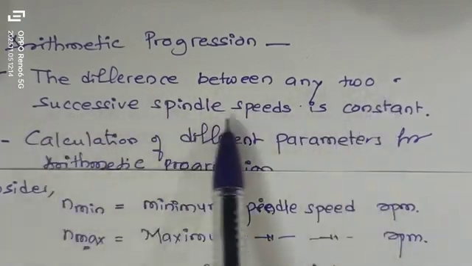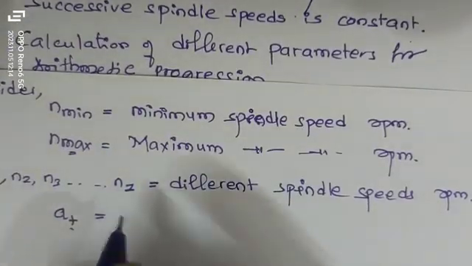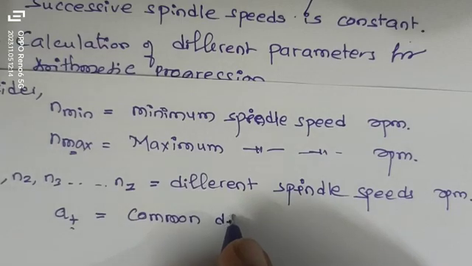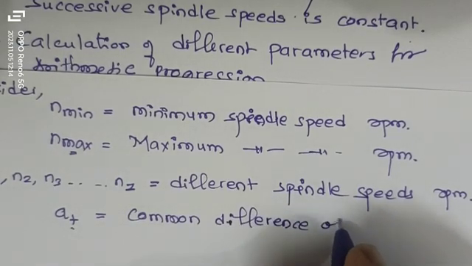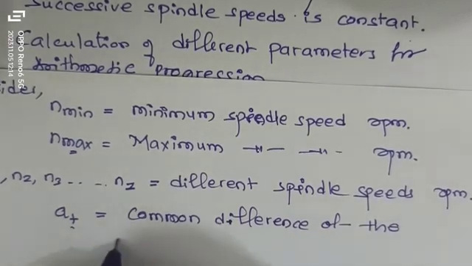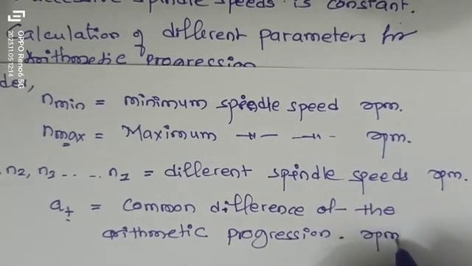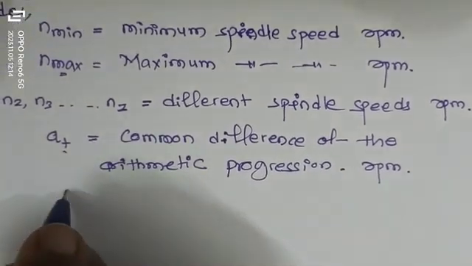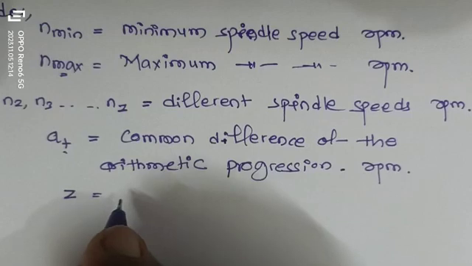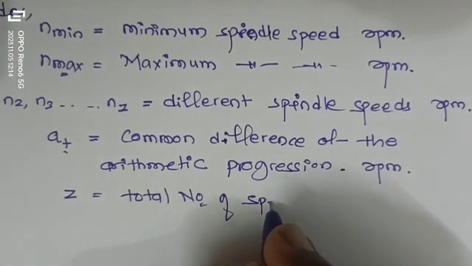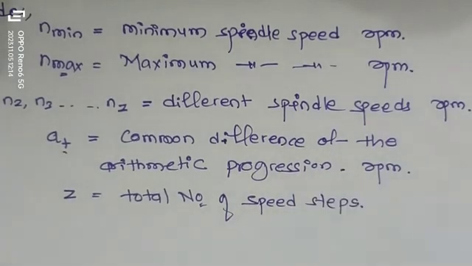The difference between any two successive spindle speeds is constant, where AT is the common difference of the arithmetic progression, in RPM. And Z is equal to the total number of speed steps.